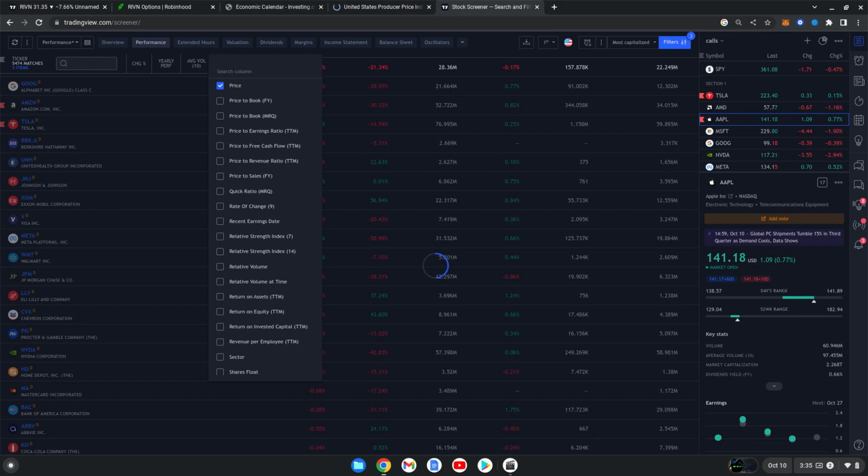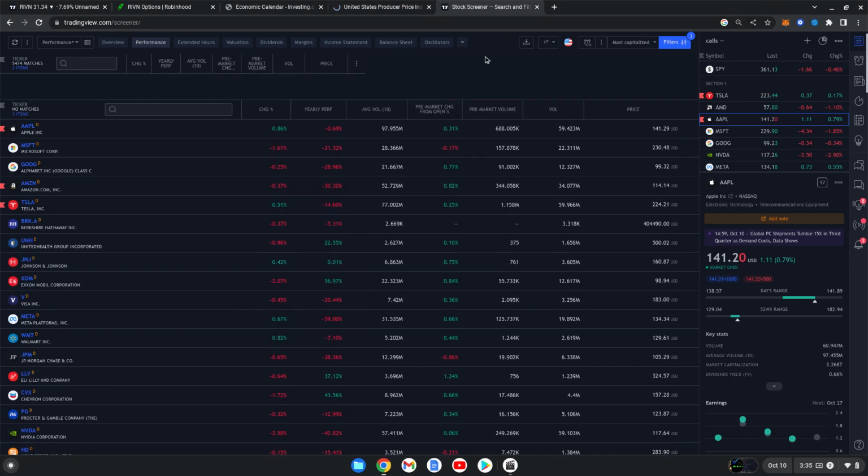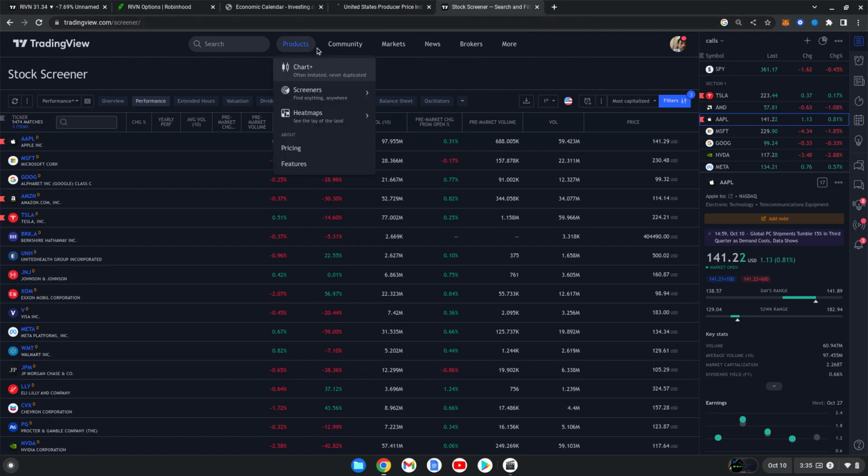So now that we added all of that, now it'll be a little easier for us to break down and look for the stocks that we want.